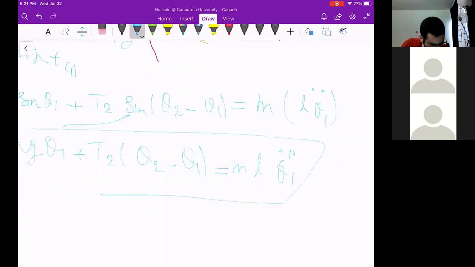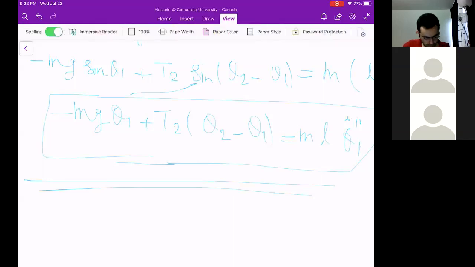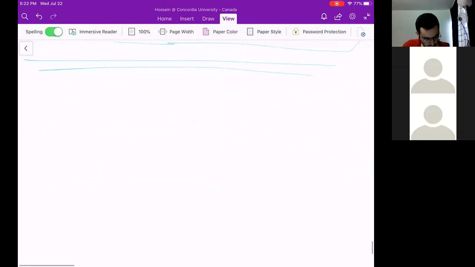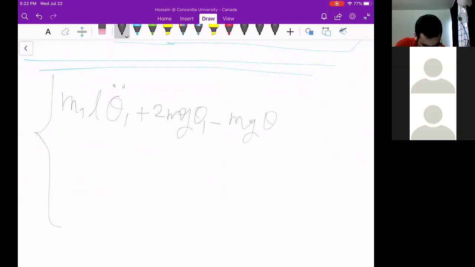So I can recap the two equations we obtained so far. Mass 1: m1 L theta double dot 1 plus 2 mg theta 1 minus mg theta 2 is going to be 0.